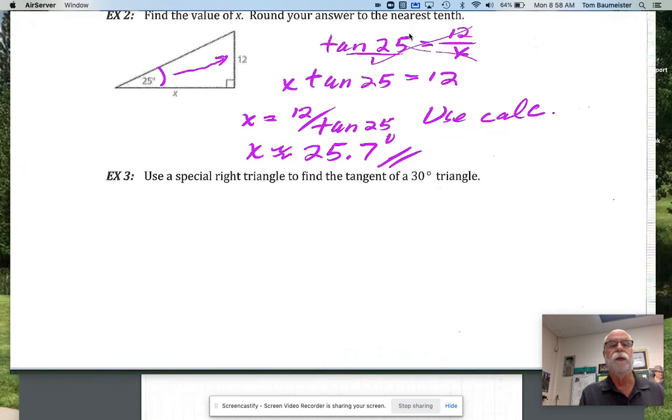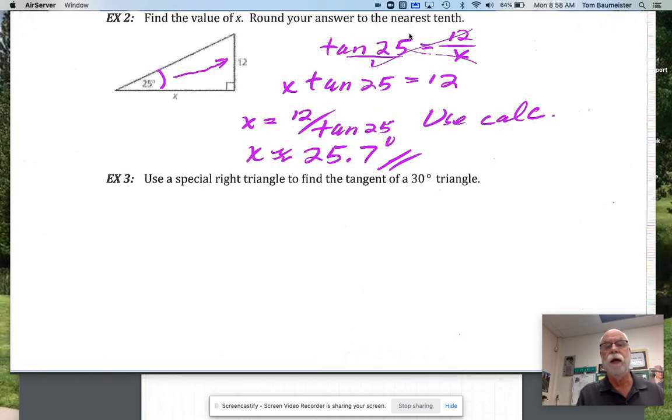All right, on this one here, it says use a special right triangle to find the tangent of a 30-degree triangle. So what they're telling us on that one here, again, remember, my drawing doesn't have to be perfect, but they're telling us it's 30. So remember, when it was 30, it was a, 2a, a square root of 3.